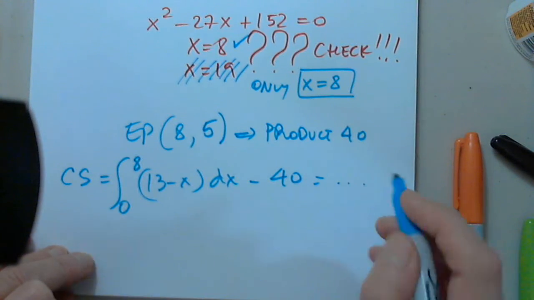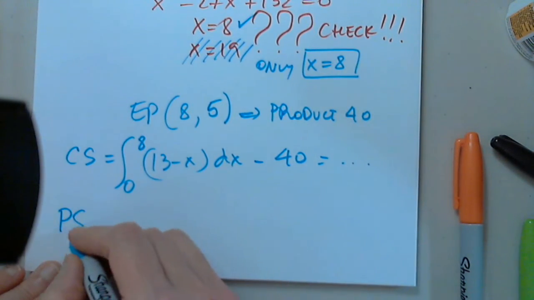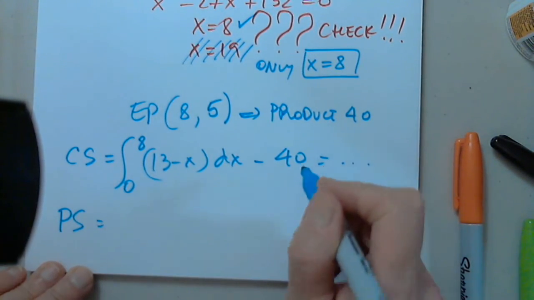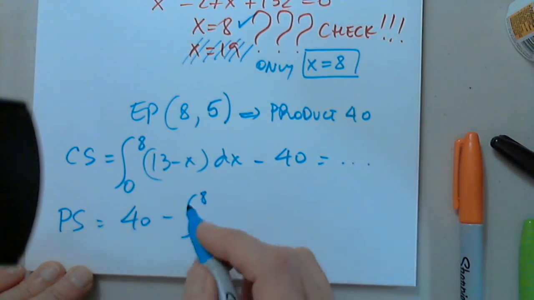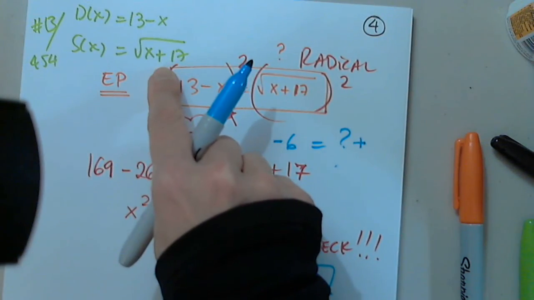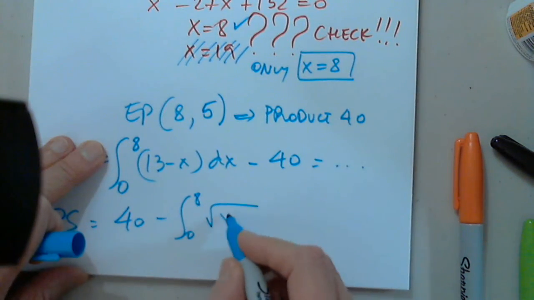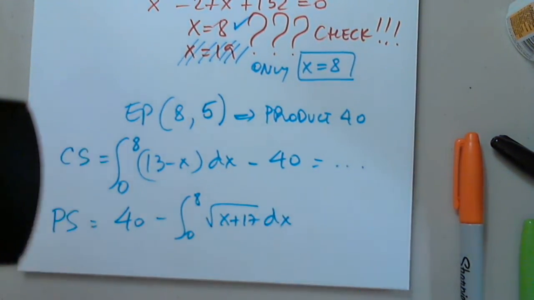And I'll calculate this. And the producer surplus is this same product, because we are talking about the equilibrium point, minus the integral from 0 to 8 of the other function. And so on and so forth.